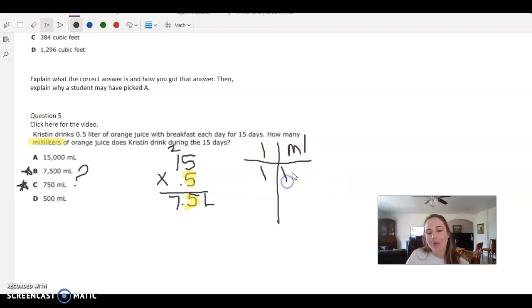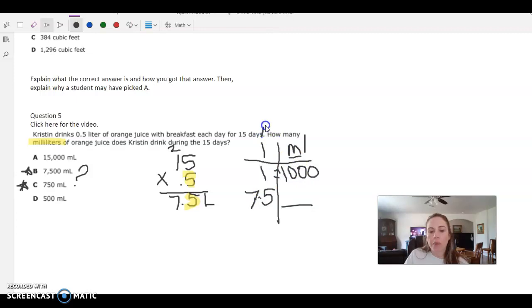Well, I already know just because I'm old and I know stuff. And I did memorize that milli means 1,000. So 1 liter is equal to 1,000 milliliters. So I need to figure out how many milliliters is equal to 7 5/10 liters.